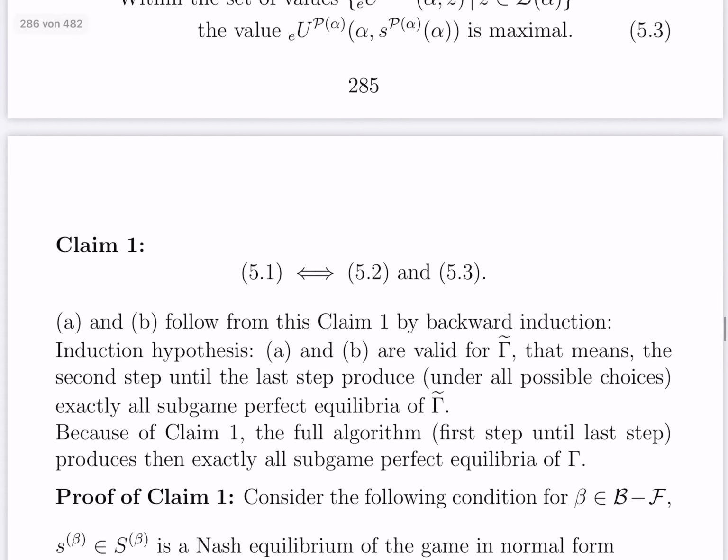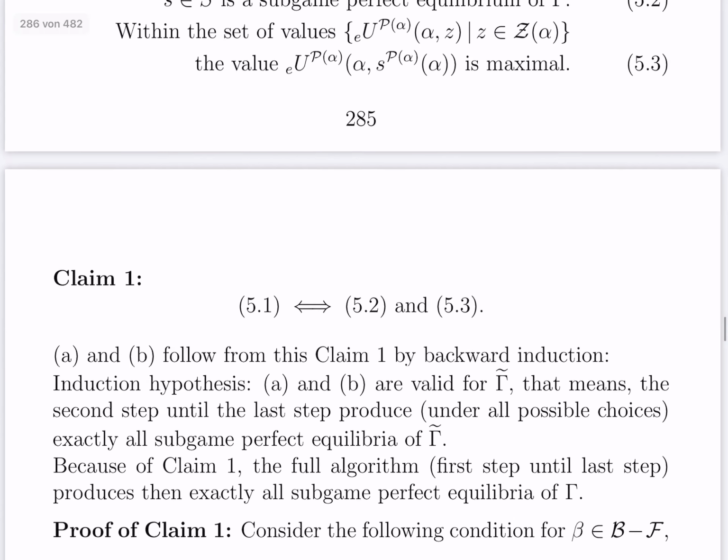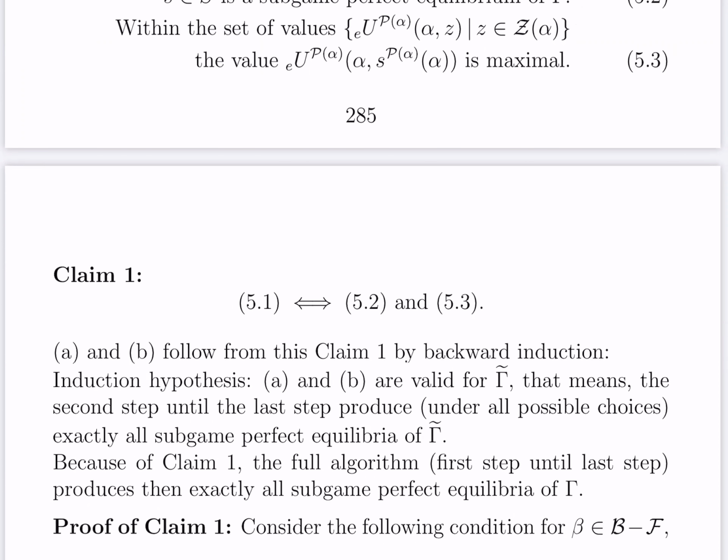And now I claim that this claim is sufficient. When we have proved this claim, then we can conclude that both parts A and B of the theorem are true, as follows. Both part A and part B follow from this claim by backward induction.